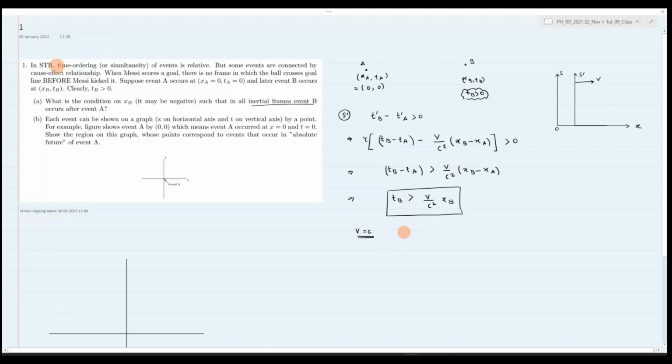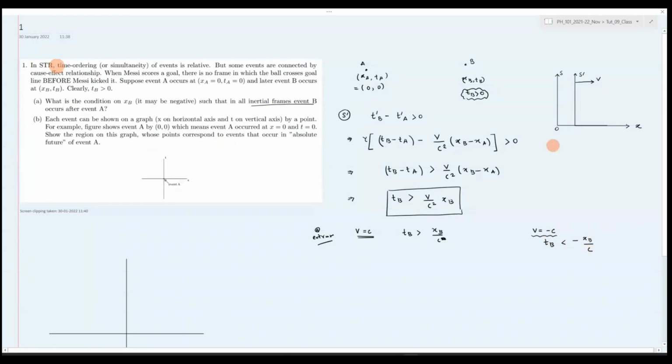So that's why at the extreme condition tb will be greater than xb by c. This is at the extreme condition. Or what we can have is, if our v is pointing along the minus x direction, that means we can have minus c also. For that, we will have our tb should be greater than minus of xb by c, right?